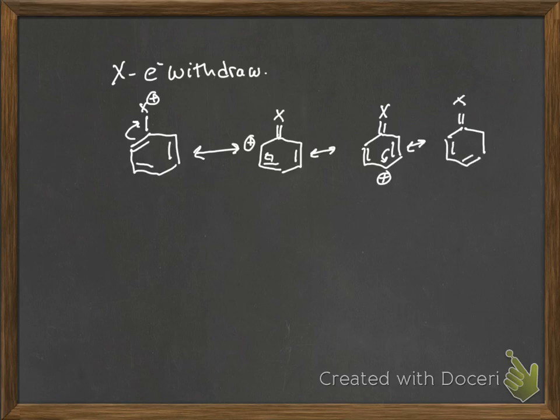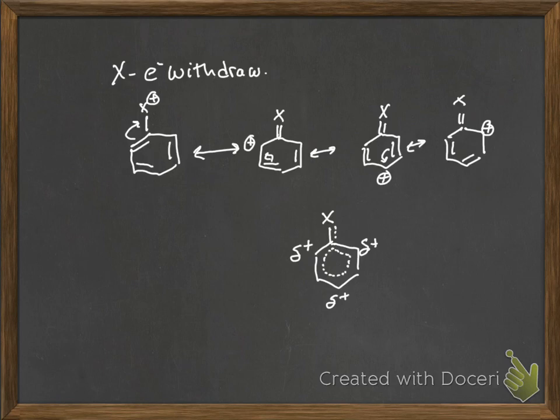Like this. And then when you draw the hybrid, again, I make that mistake. We can put partial positive charges there, there, and there. And once again, whatever's going on off on that X does not matter.